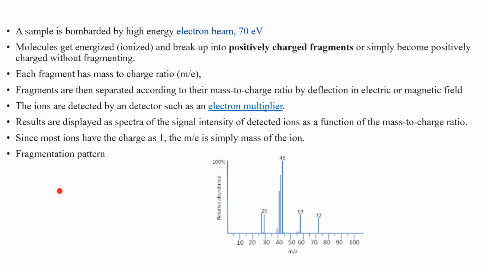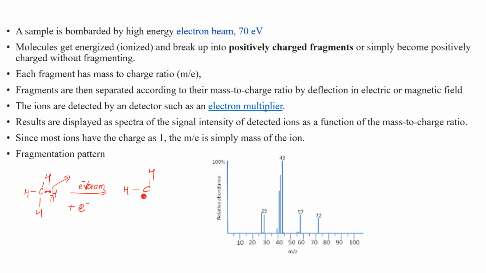So what exactly happens? For example, we have methane. This is the electron beam that is bombarded. What is that electron beam containing? Electrons. So it's like you are adding an electron to it. And since it is symmetrical, one of the electrons is knocked off because of the high energy. So what is left now?